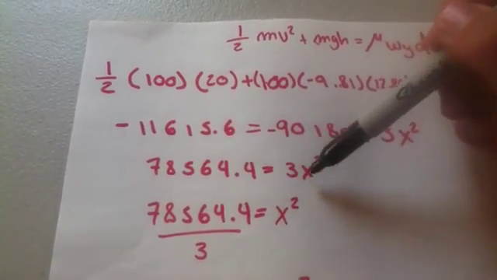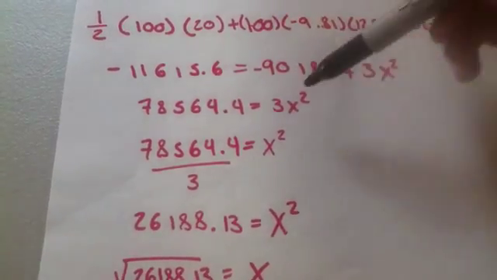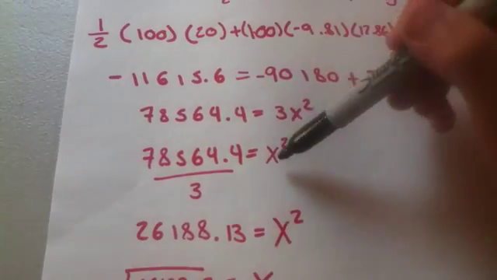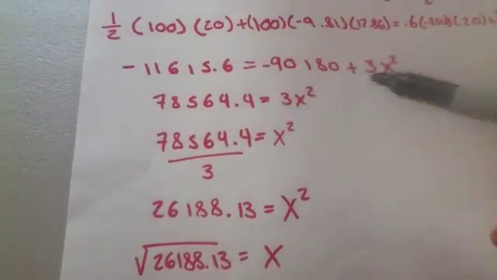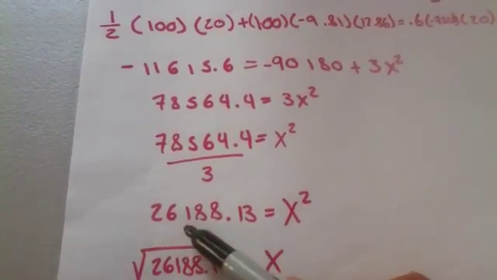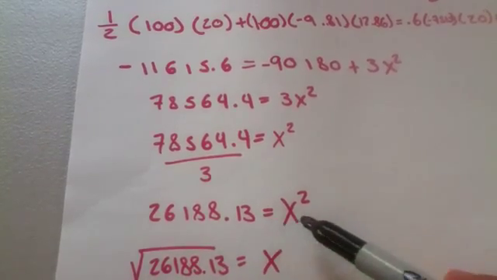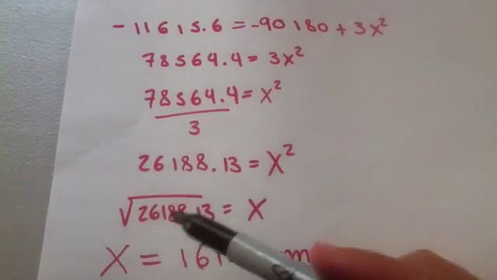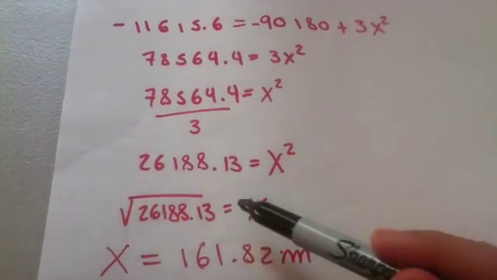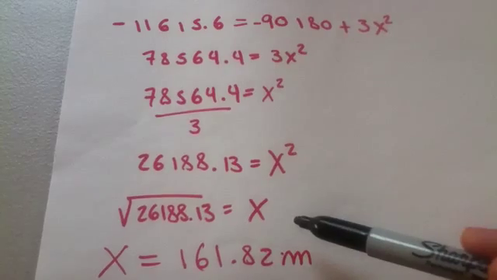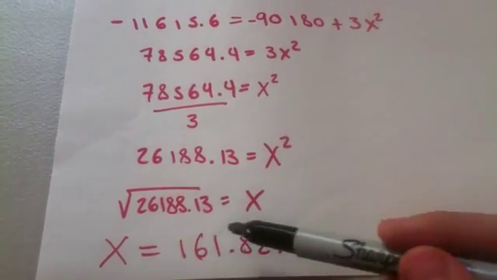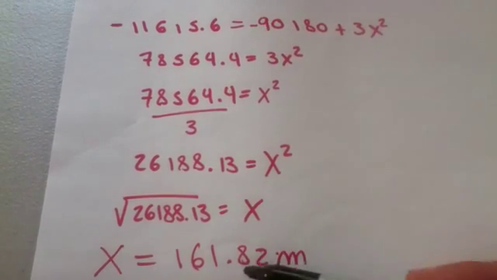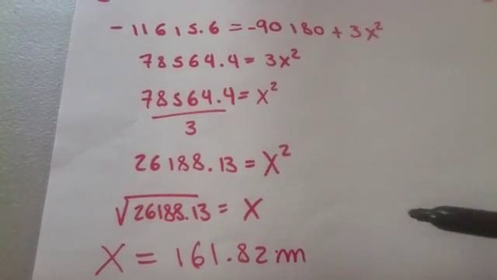That will be equal to 3x squared. Next, we should divide by this 3 to isolate x. So we do exactly that, and we have 26,188.13. But that is equal to x squared. So we should take the square root of this number to get x by itself. When we do that, x will be equal to 161.82 meters.